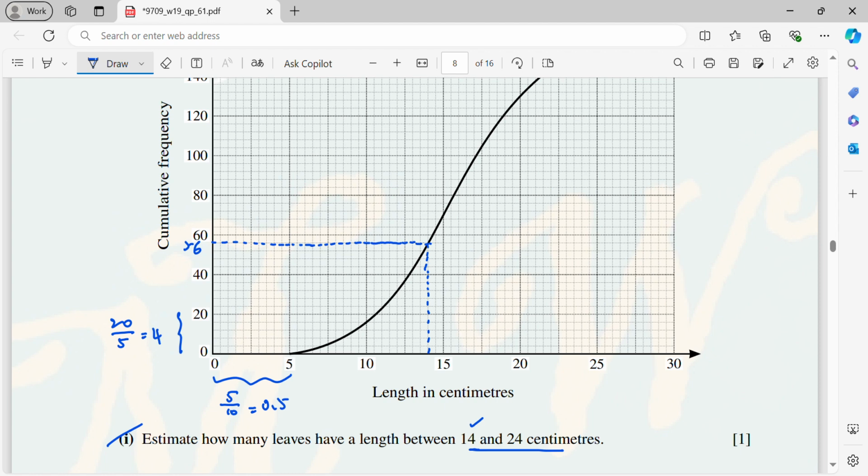Okay, then now here, when it is 24 centimeters, so remember this is 0.5 units per square, right? That means 24 is 2 squares before the 25. Here is 24. This is 14.